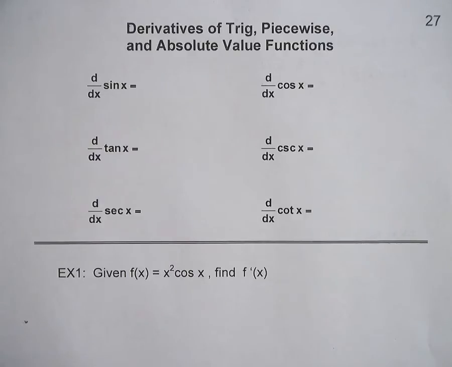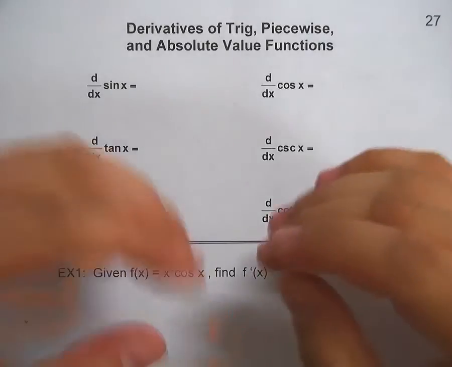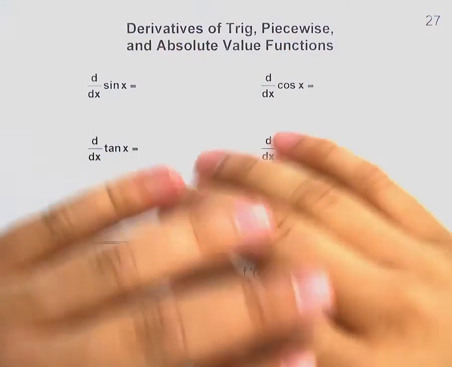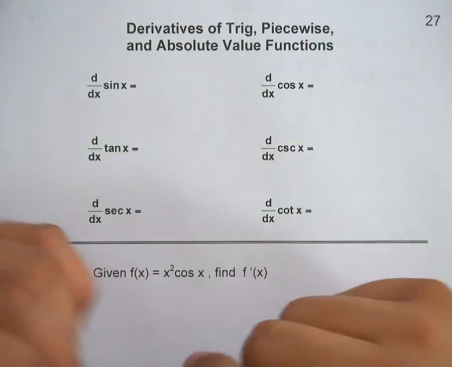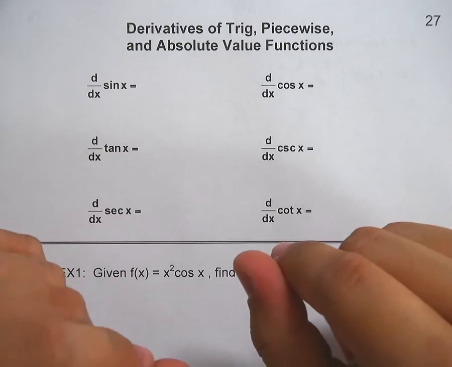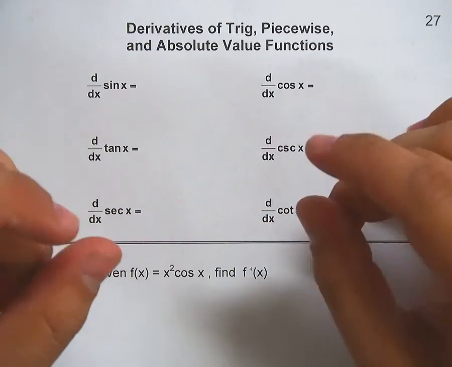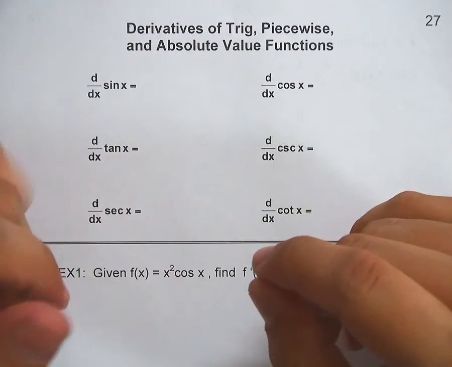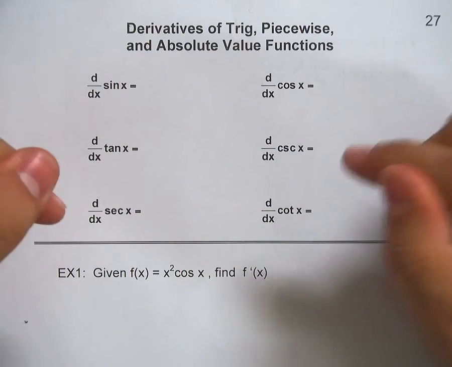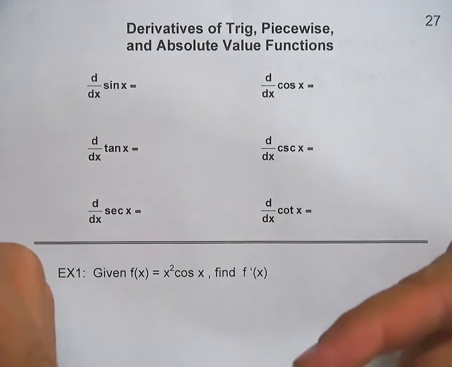There are certain things in calculus that you are just going to have to remember. You're just going to have to memorize them. These 6 are those things. Primarily sine, cosine, and tangent, but I have seen some questions where cosecant, secant, and cotangent were brought up.